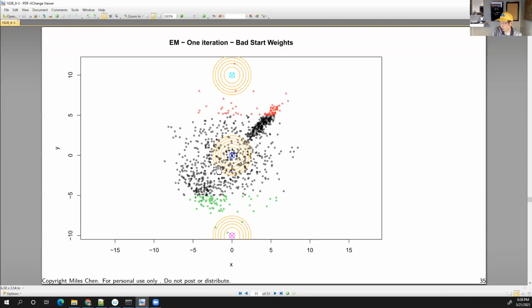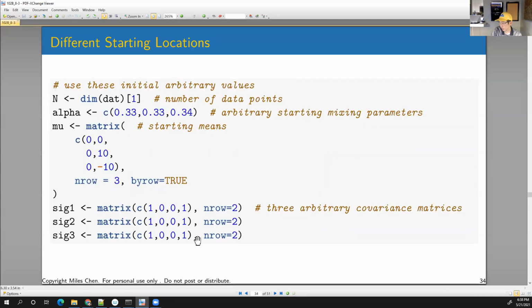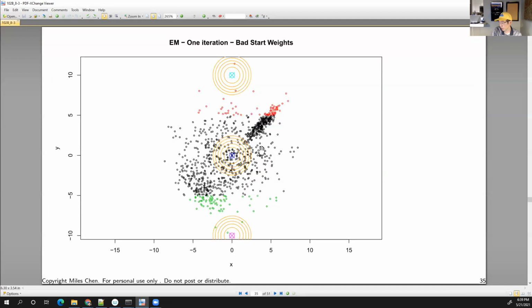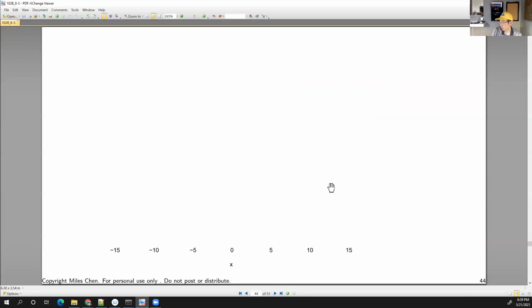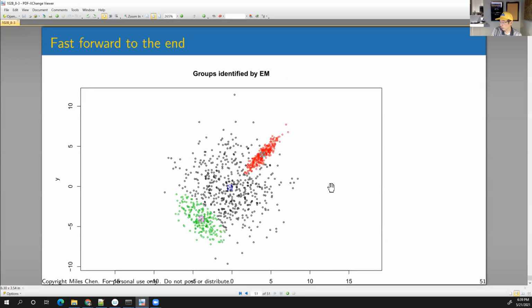These are the initial assignments for where the centroids, or the means, are. I'm still using identity matrices for the sigma matrices. If you allow this to work through, it managed to find the correct answers.